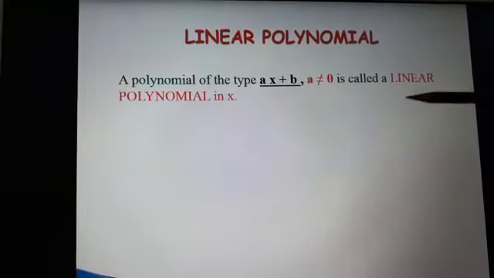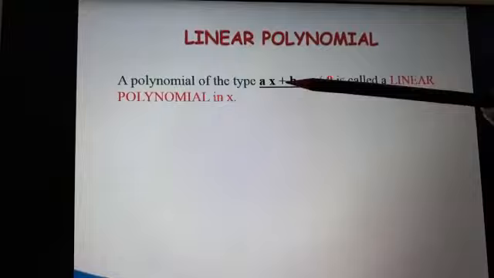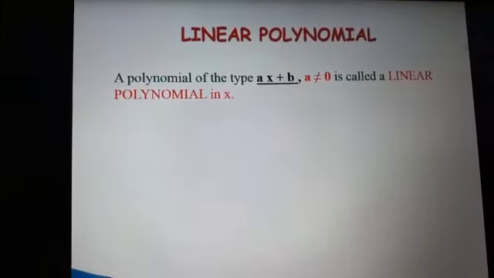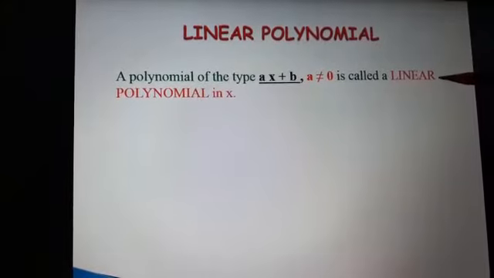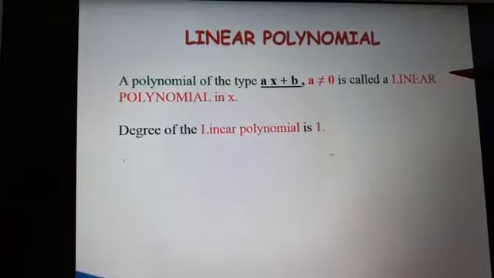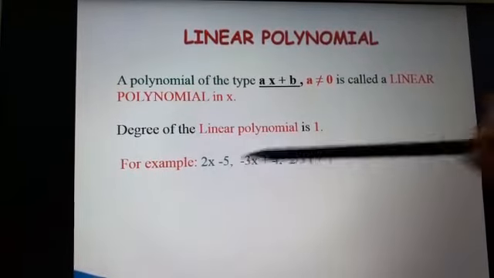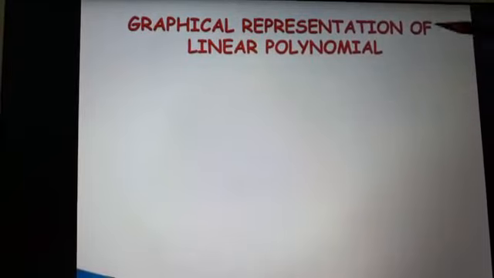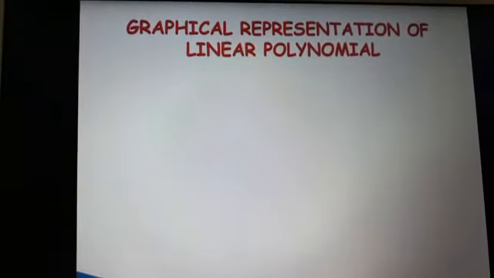Now linear polynomial, a polynomial of type ax + b is called a linear polynomial. And we have already read earlier, what is the degree of a linear polynomial? It is 1. These are the examples, 2x - 5, linear polynomial. Then graphical representation of a linear polynomial.